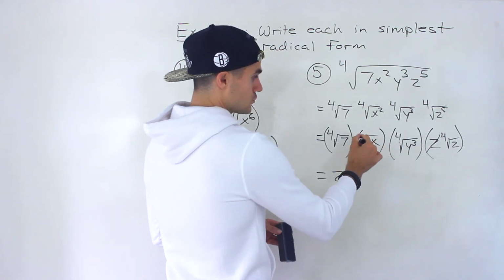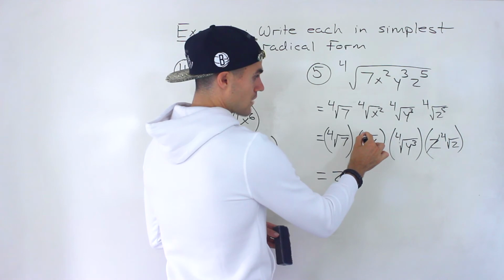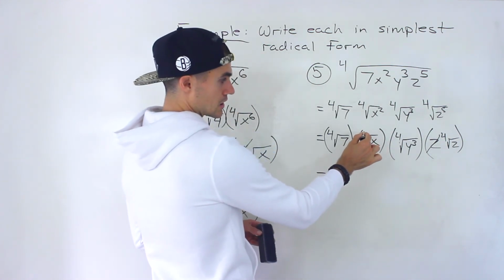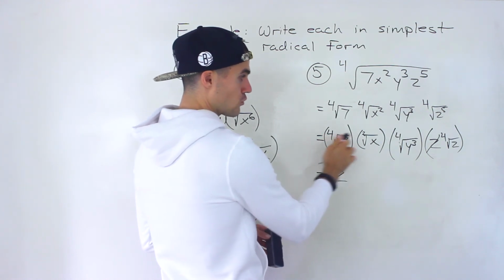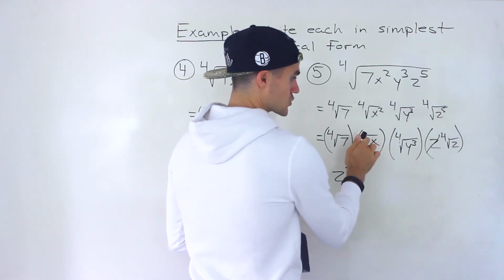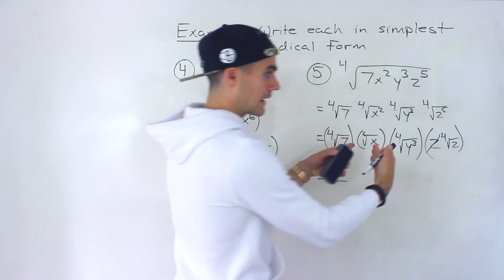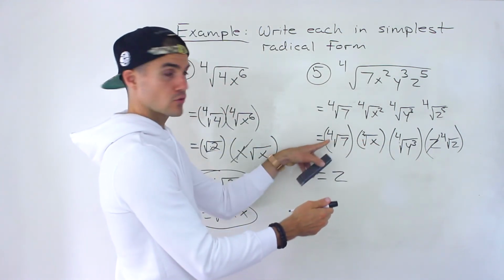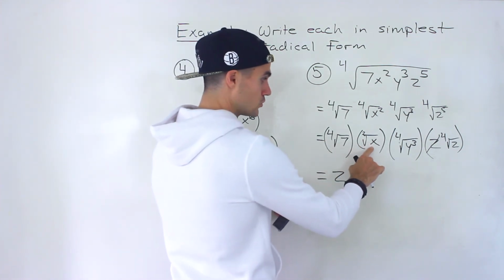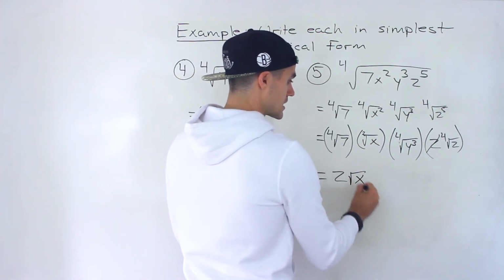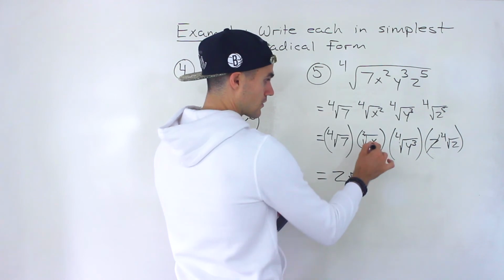Then I move to the lowest radical here, which is the 2. Notice we have a 4th root, but we also have a square root here. And so we can't combine a square root and a 4th root like I mentioned before. So we got to deal with them separately. And I'll first deal with the square root. So I'll put the square root of x over here.